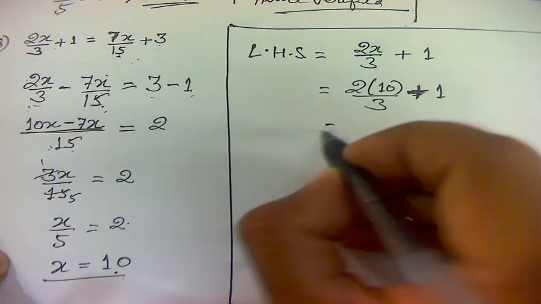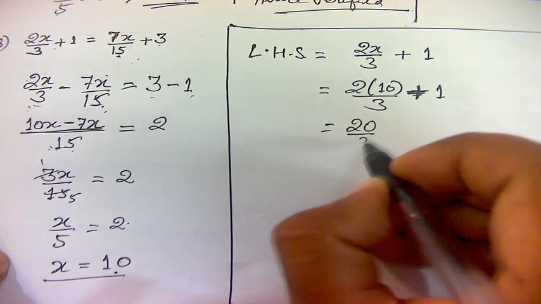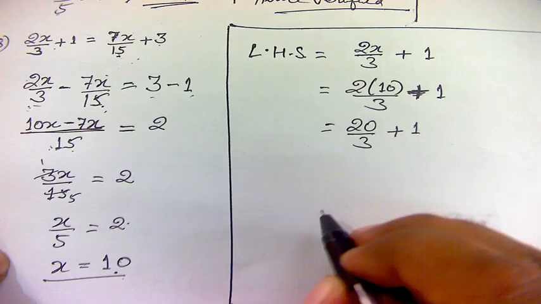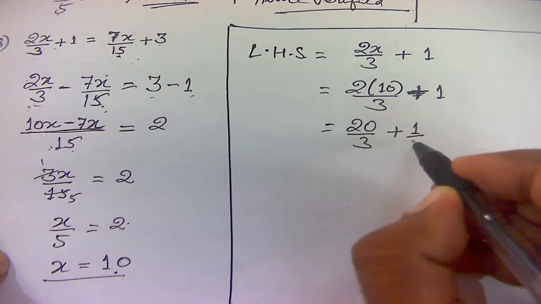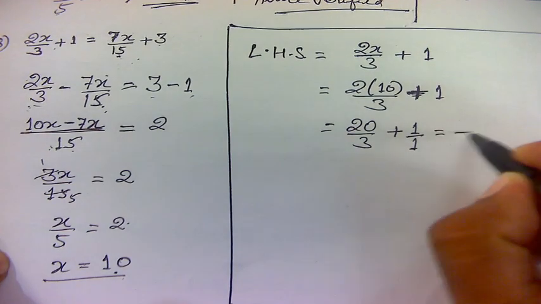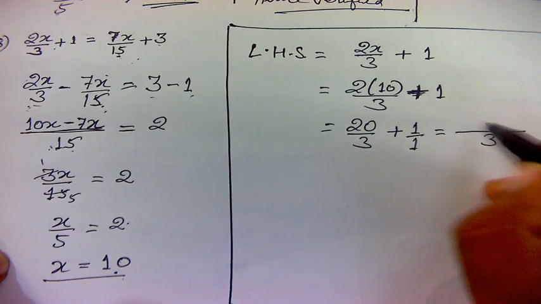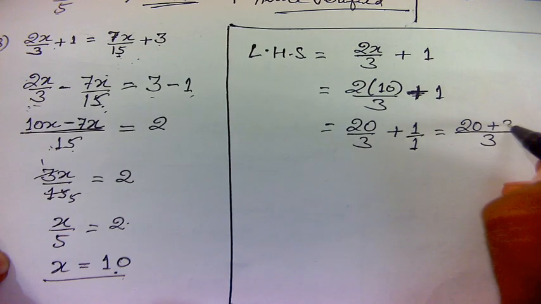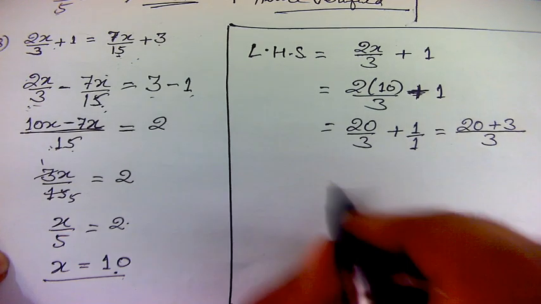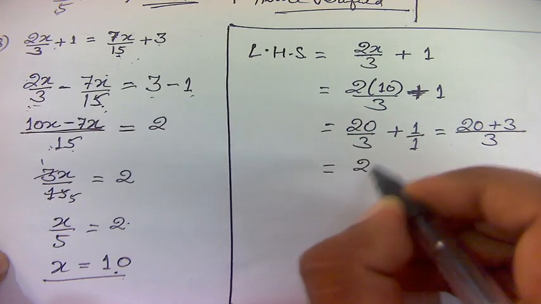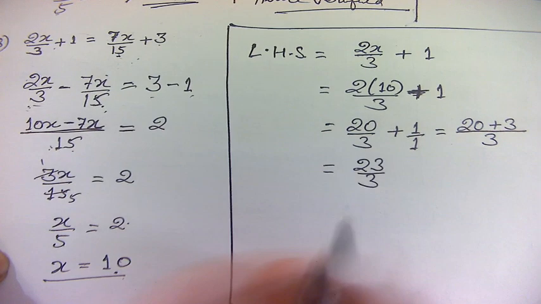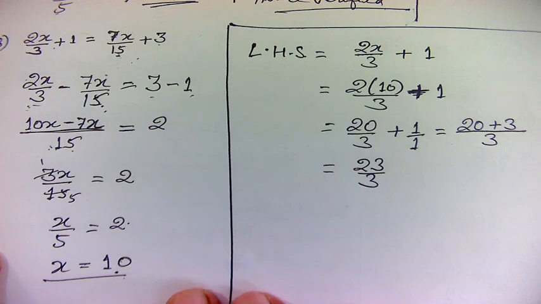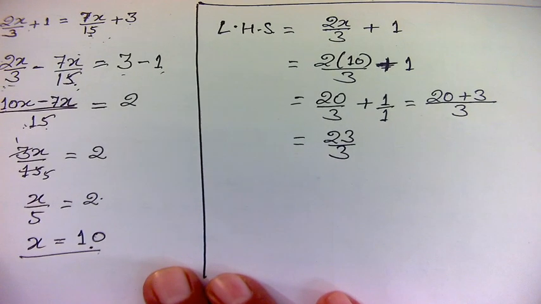Now 2 multiply 10 is 20 upon 3 plus 1. Taking the LCM, 3 is the LCM, you get 20 plus 3. So what is the left hand side? 23 upon 3.